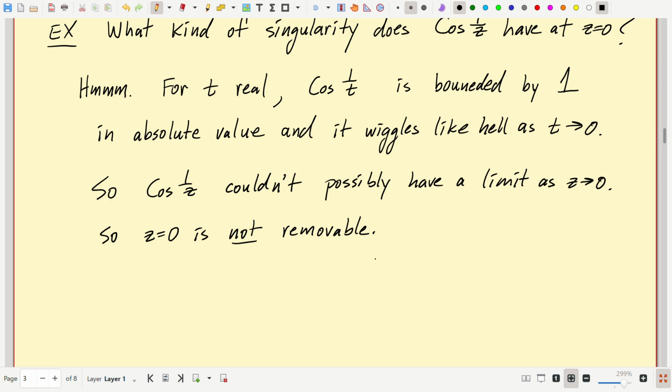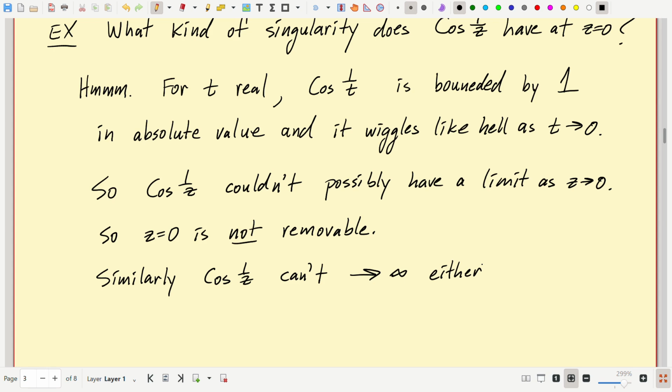And for the same reason, it can't blow up to infinity either. So similarly, cosine 1 over z couldn't blow up to the point at infinity either, because it'd be dragged down along the real line and be something bounded there.